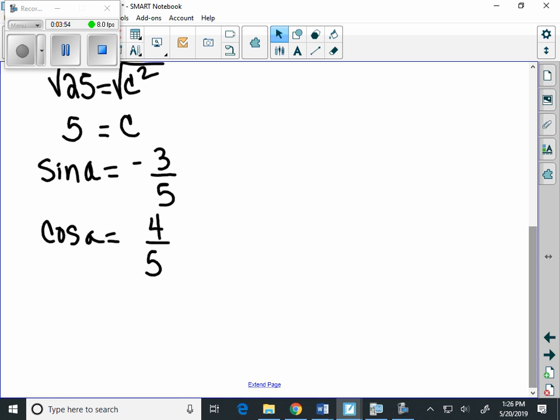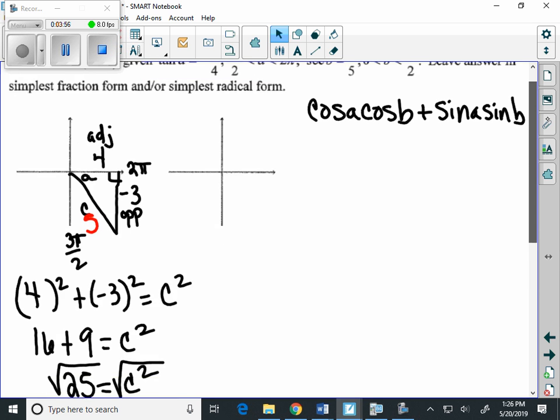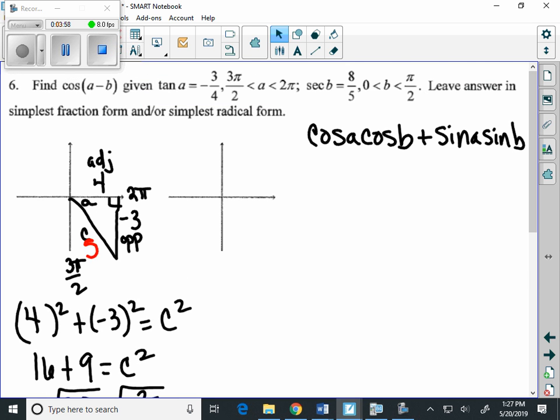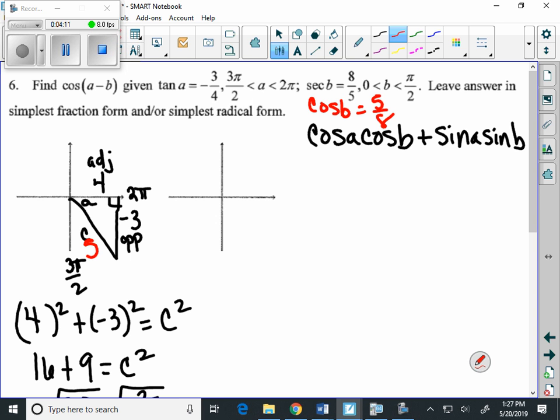And now we also need to work with our other given information, which is secant of B equals negative 8/5. Well, remember that secant is the reciprocal of cosine, so this is cosine of B. And I can take the reciprocal, so cosine of B equals 5/8. And here's 0, here's pi over 2.